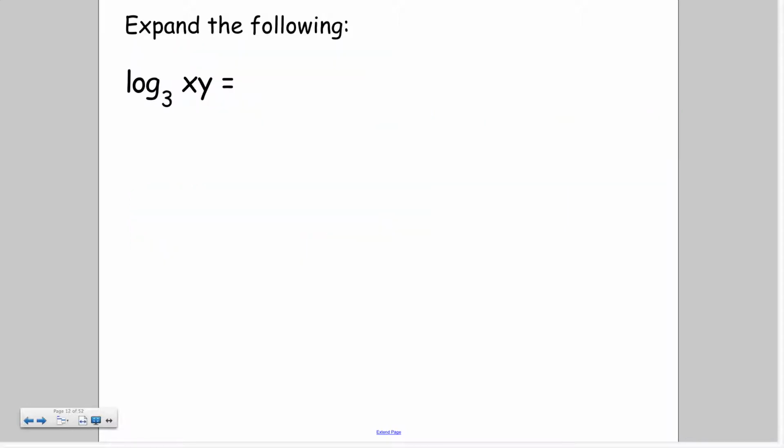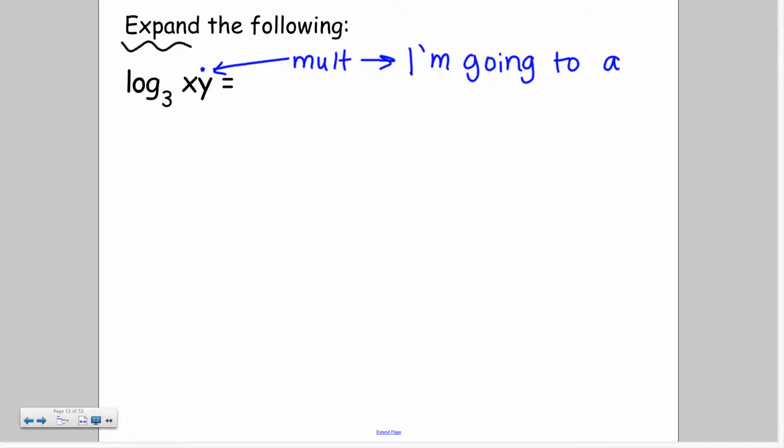All right, the next one. We're going to expand, and these two are being multiplied. Since they're being multiplied, I'm going to add them. And if you look back at the beginning of the notes, that's where that comes from. Again, I'm going to keep the same log base for both of them.